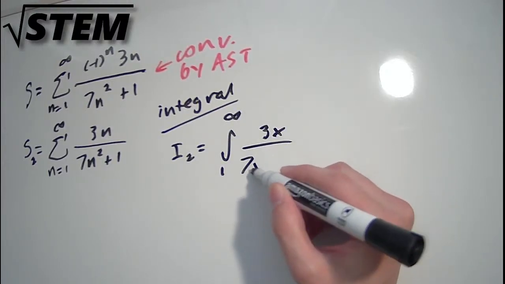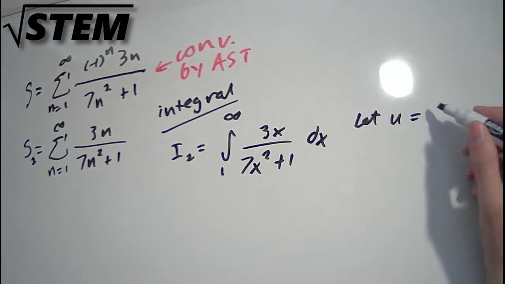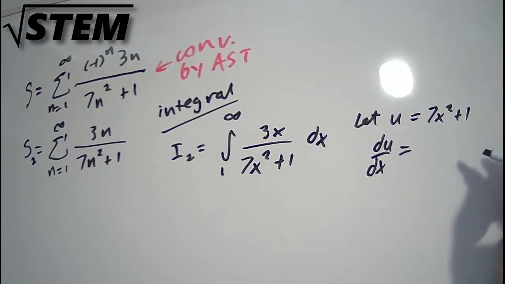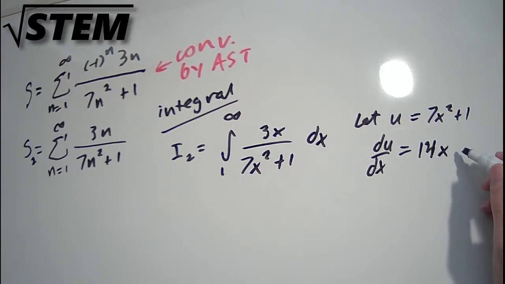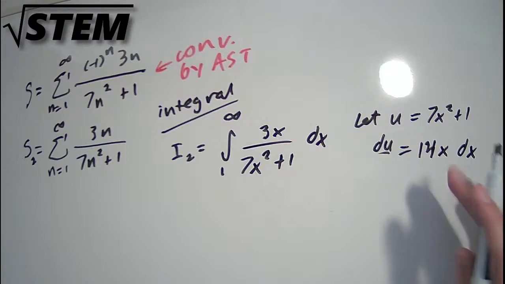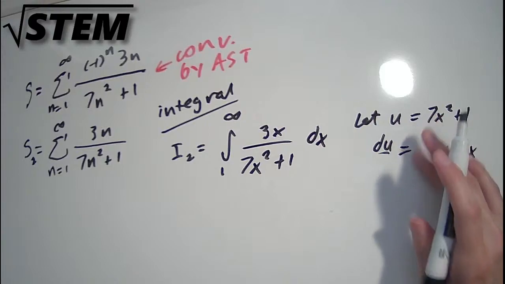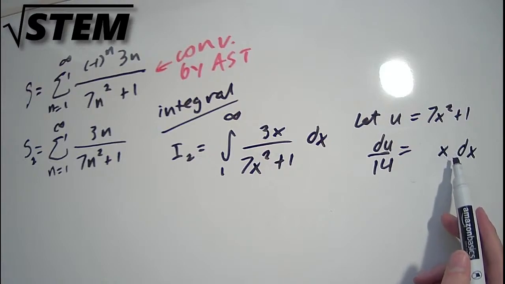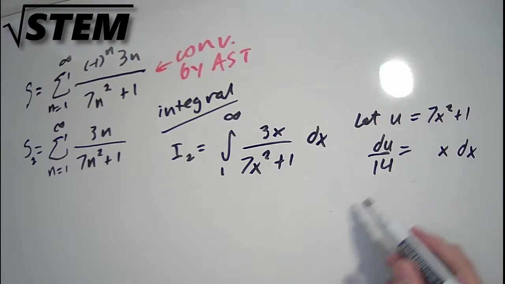The integral of 3x over 7x squared plus 1 dx. We'll let u equal 7x squared plus 1, so du/dx is 14x. We'll bring the dx over here and divide by 14. We have x dx in the numerator here, so we can absorb that into our du.